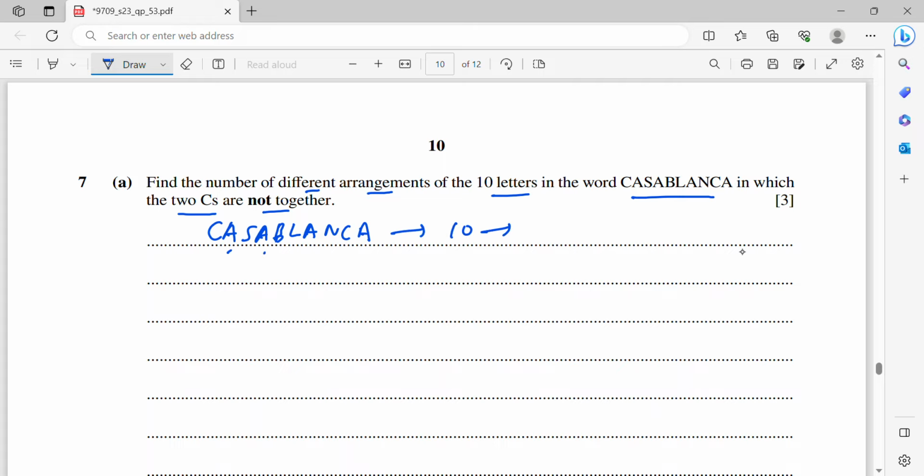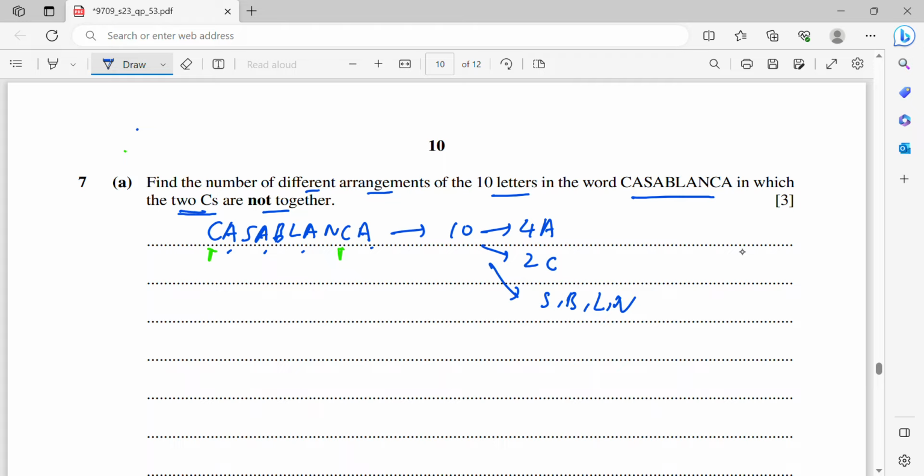I have 4 A's, and then I have 2 C's. Then I have S, B, L, N. So these are the 10 letters.